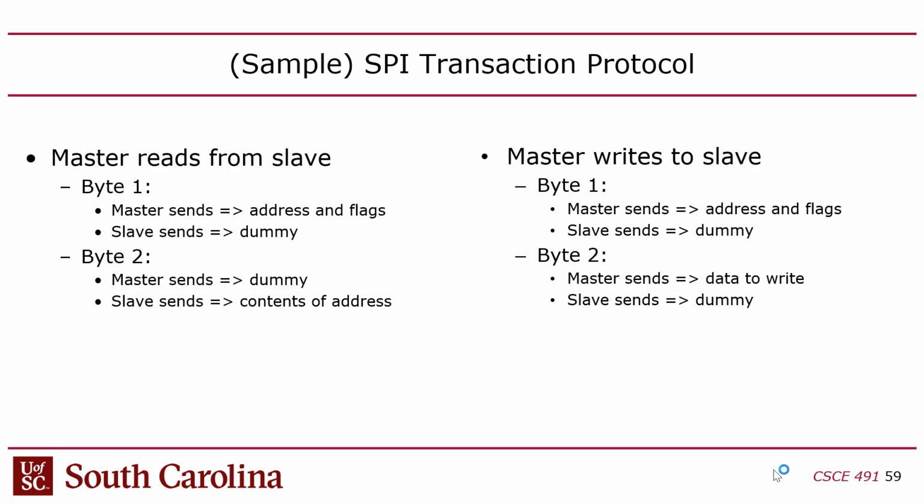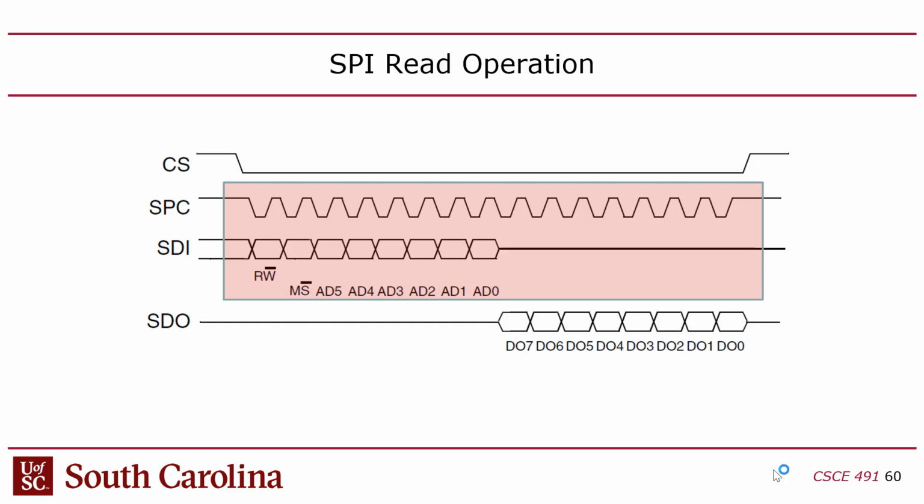On the other hand, if you're writing, the preamble comes out of MOSI, and when you write, you send the data that you're writing through MOSI as well. Make sense? So the point is that there's no bidirectionality here. Throughout the transaction, you're only using MOSI or MISO. They're mutually exclusive, and the other one's dead, right?